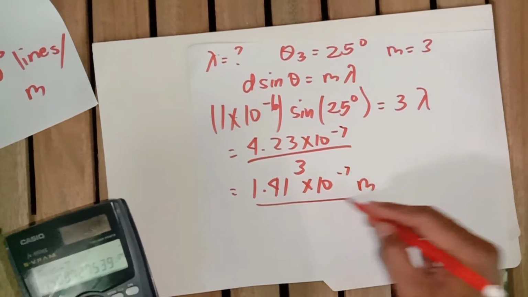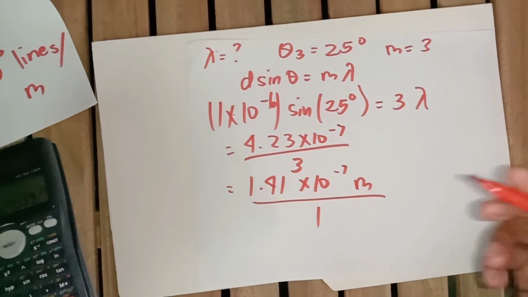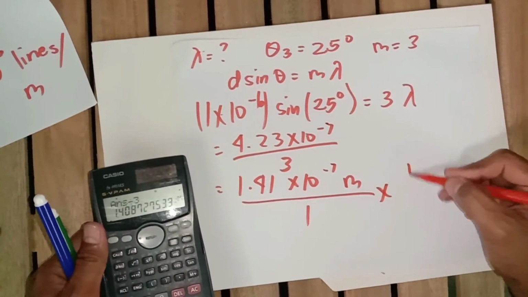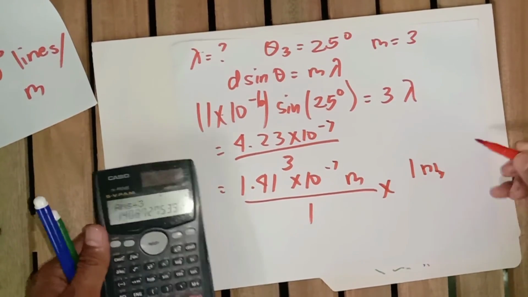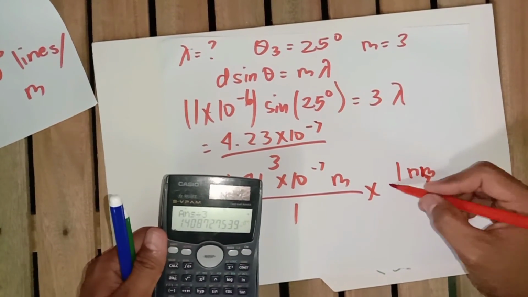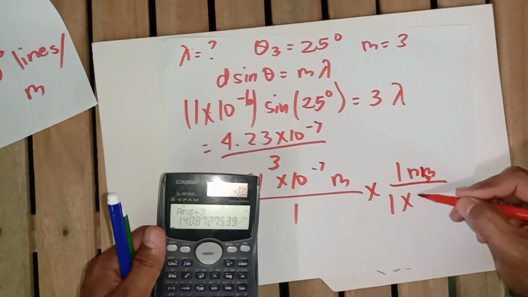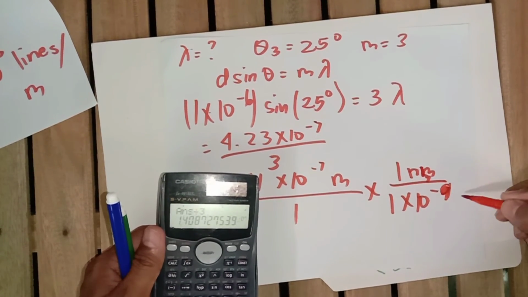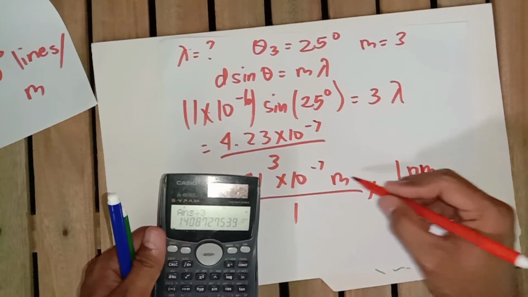Okay, we have to convert it to nanometers. Times 1 nanometer is equal to 1 times 10 raised to negative 9 meters. Cancel.